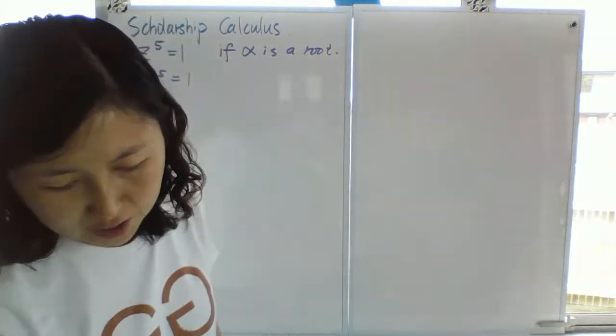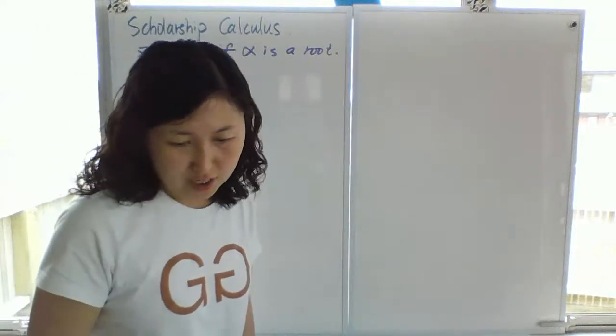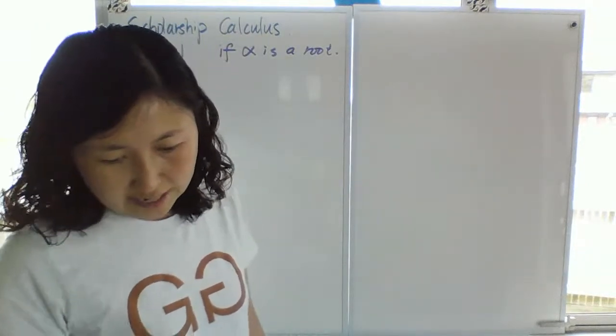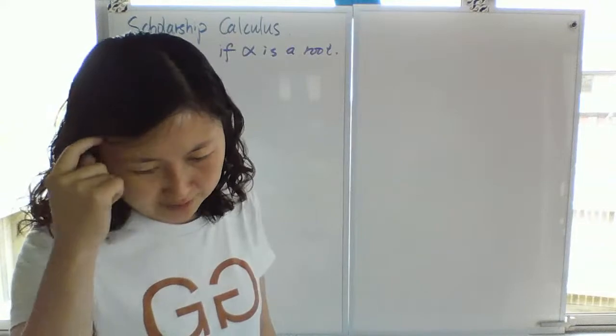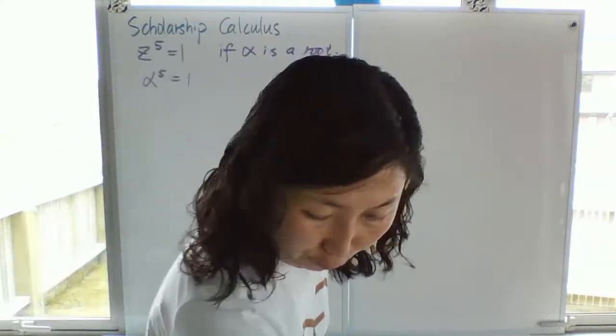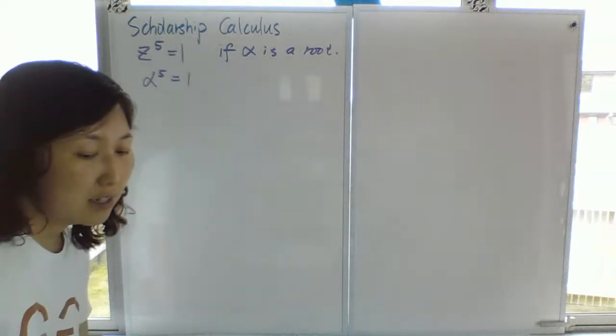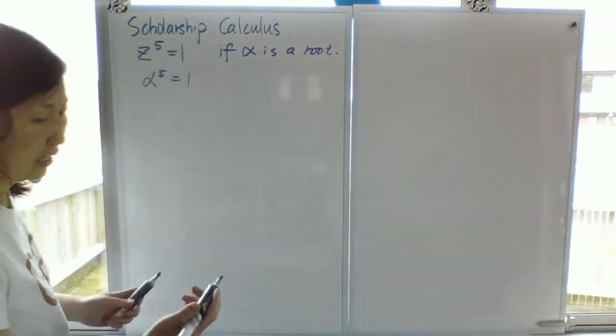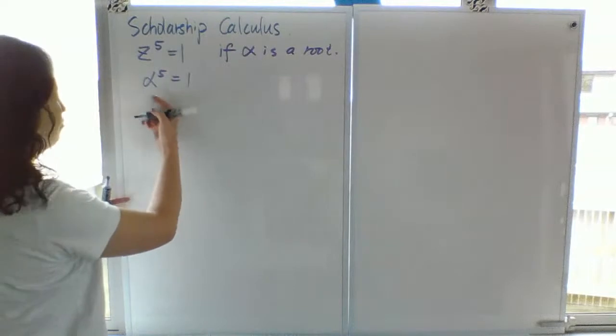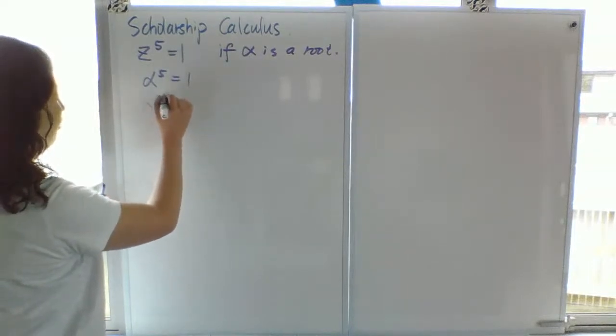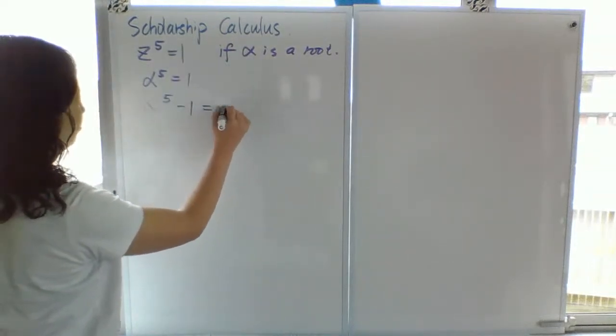The question doesn't say that you need to find the root, but they ask you to find alpha plus alpha squared plus alpha cubed plus alpha to the power 4 plus 1 equals 0. Now, this gives me the hint that I might need to factorize something. So I'm going to move this 1 to the left-hand side, which gives me alpha to the power 5 take away 1 is equal to 0.